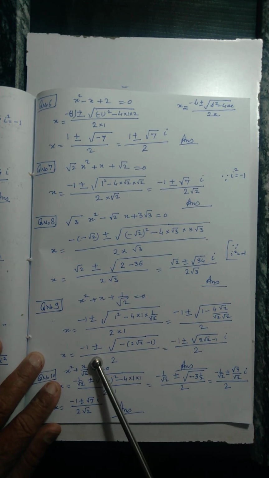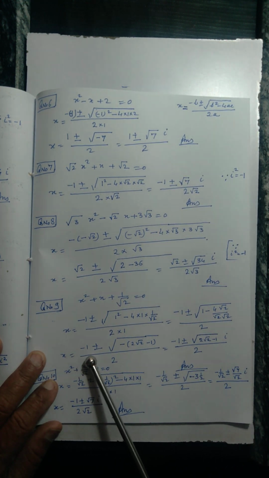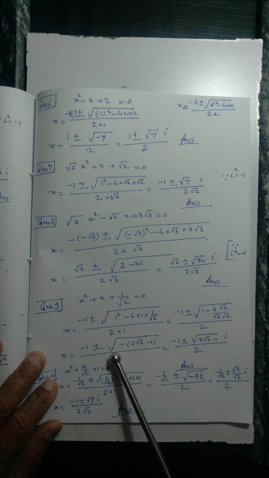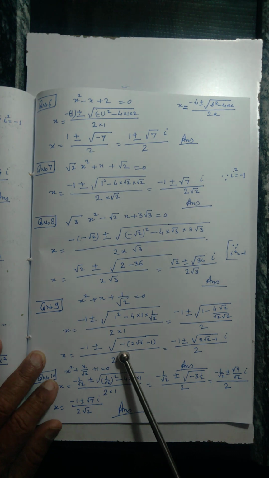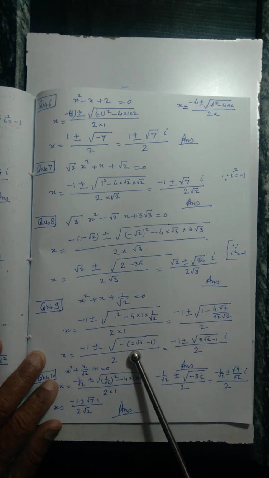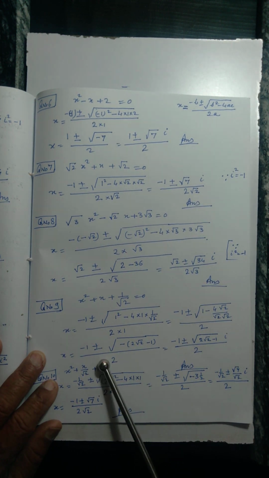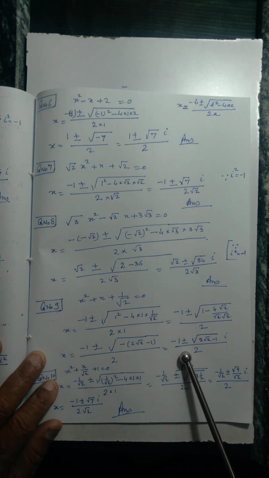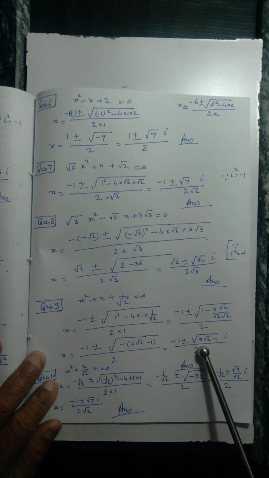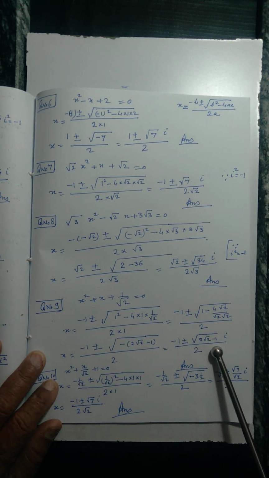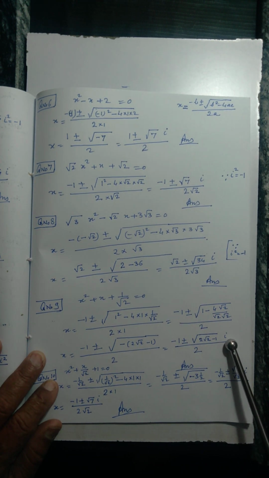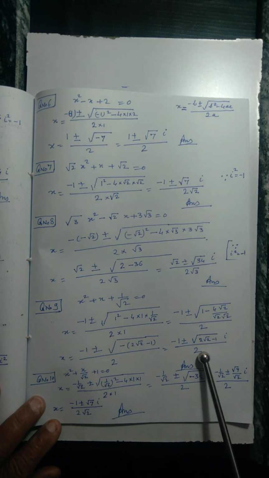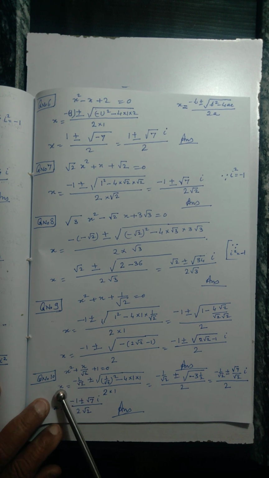Now we will get minus 1 plus minus root of, I have taken minus common, so 2 root 2 minus 1, whole divided by 2, and it will be equal to minus 1 plus minus root of 2 root 2 minus 1 into iota, and this will be your answer of question number 9.